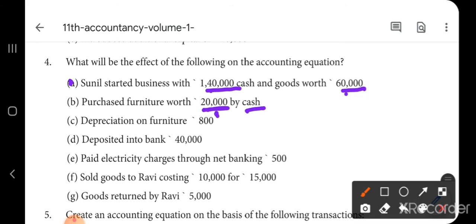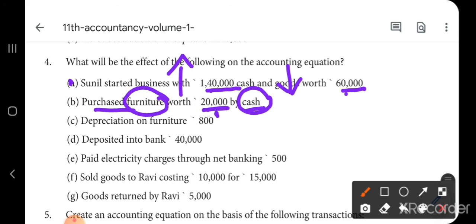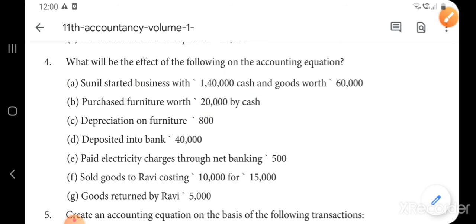So you will write minus 20,000 in cash. Okay. Now any transaction you have to find out what are the two accounts involved. Purchase furniture, the two accounts involved are furniture account and cash account. These two accounts will be affected. Furniture is increased by 20,000 and cash is decreased by 20,000.